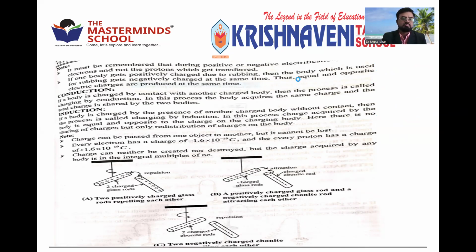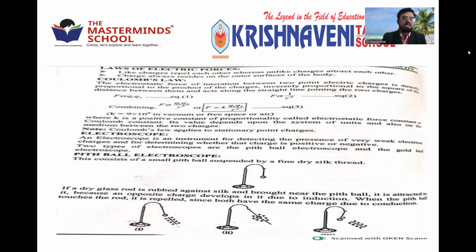Next, after knowing about the electrification and charging, there is one very important law. Between two charged bodies, the force, suppose I told you, like charges repel, unlike charges attract each other, correct? Based on that, there is a law proposed by Coulomb, which is called the law of electric forces.